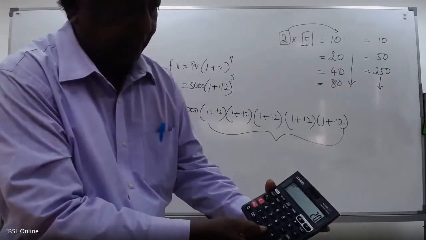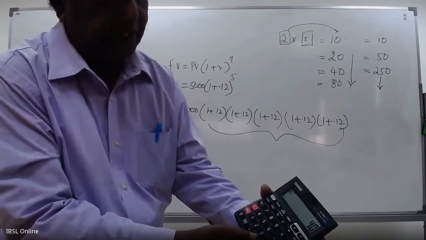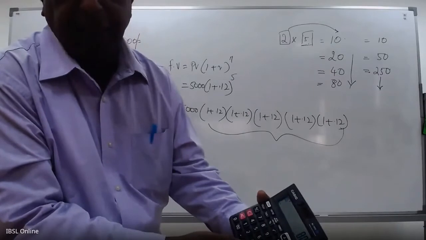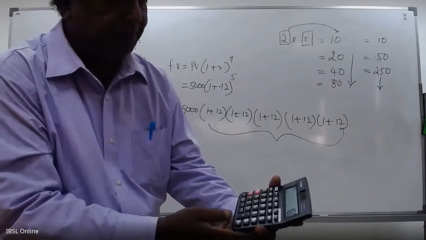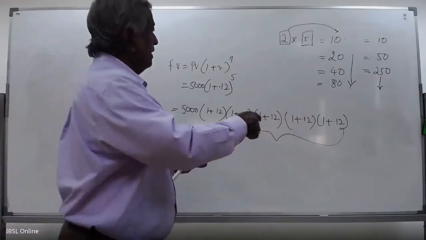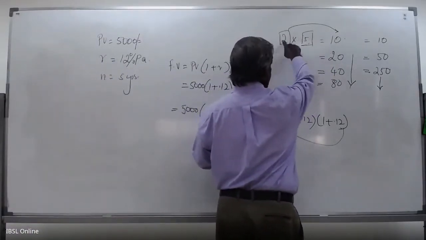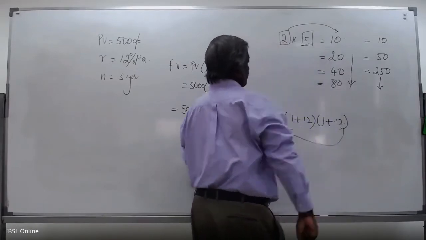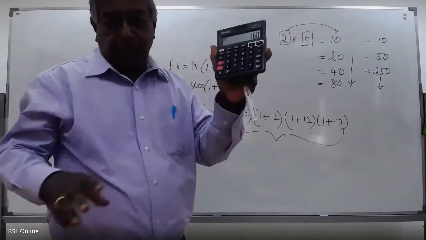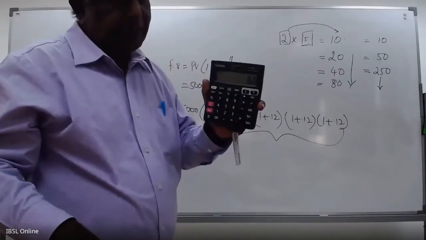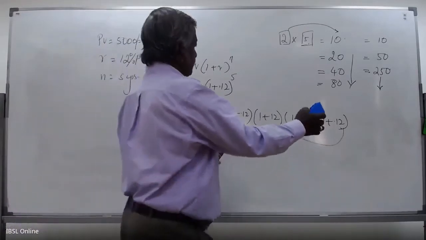Again equal sign, 20. Again, 40. Again, 80. Again, 160. So the first digit I put keeps multiplying the answer, and it goes on. This facility is there in an ordinary calculator, so you must first find out what type of facility it has. Right. Now we use that one.